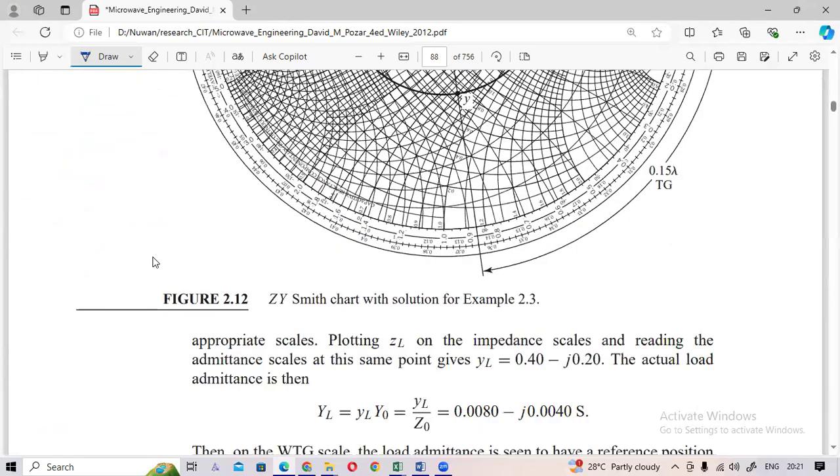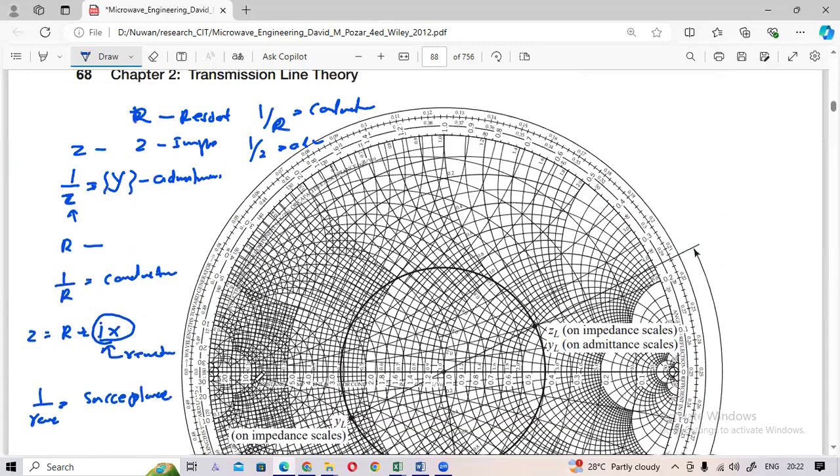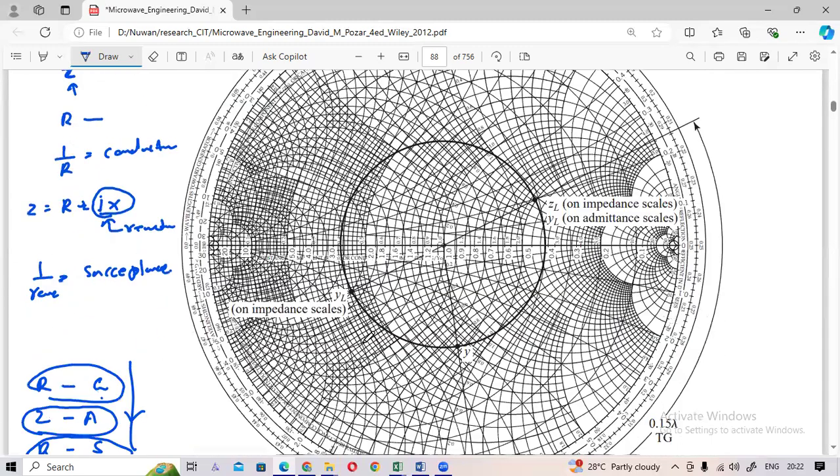So there are these terms: resistor, conductance, impedance, admittance, reactance, susceptance. You have to be familiar with these terms also. So these are admittance circles, 1 over Z circles.